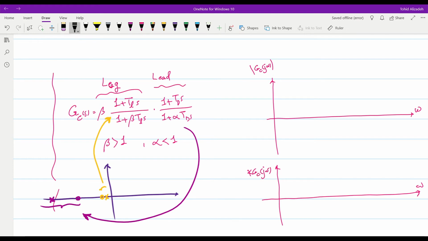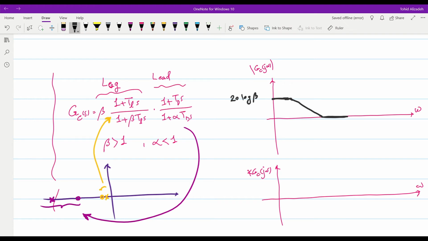For the lag compensator, we will have some value at the beginning in terms of the amplitude, which is basically 20 logarithm of beta. Then the amplitude will decrease. Eventually it will reach 0 dB when frequency goes beyond some value.